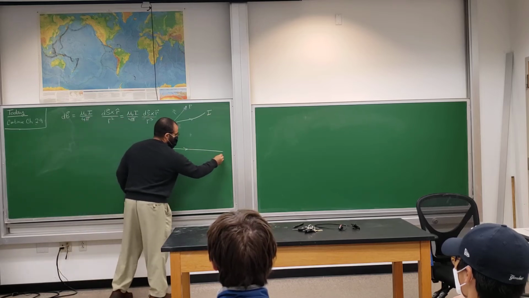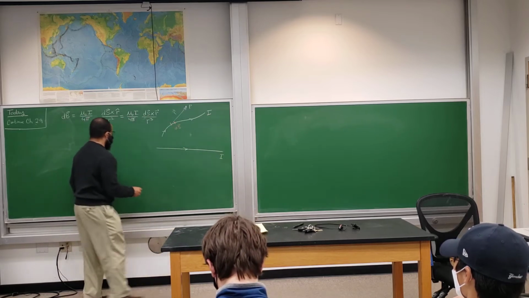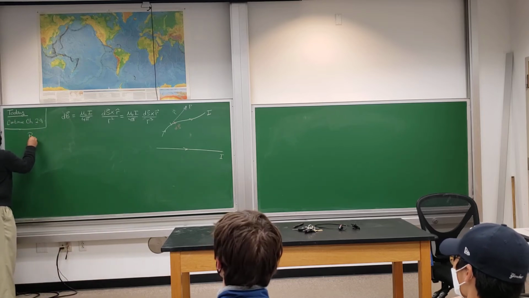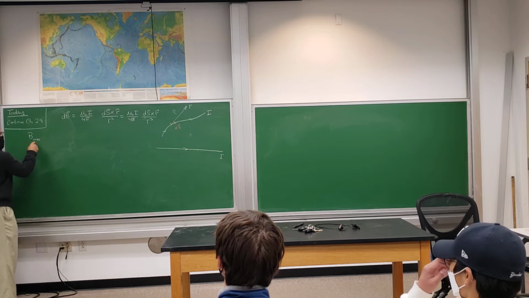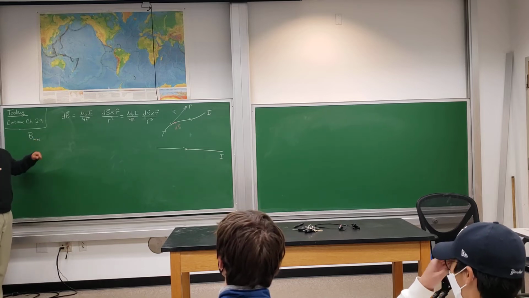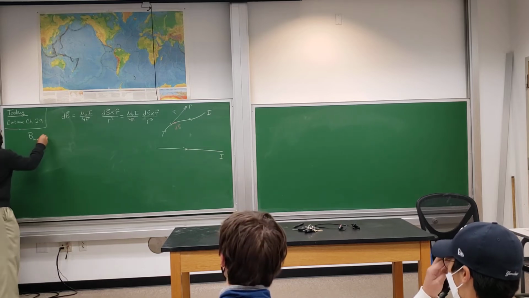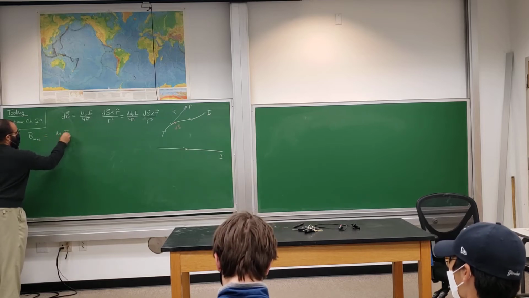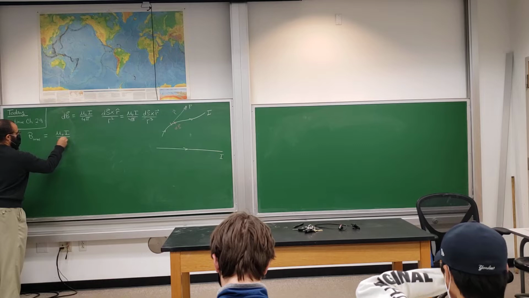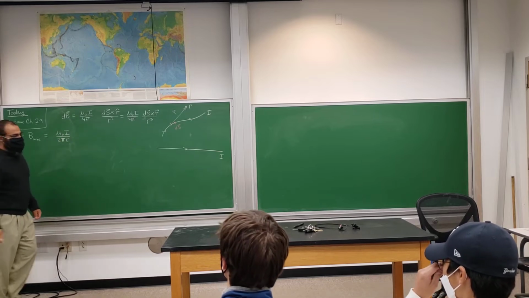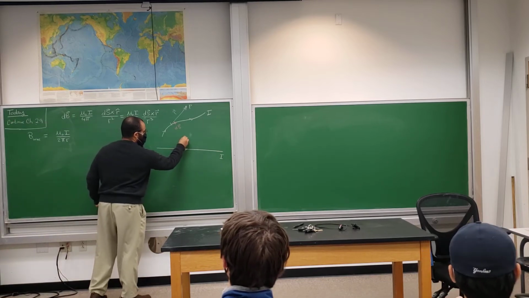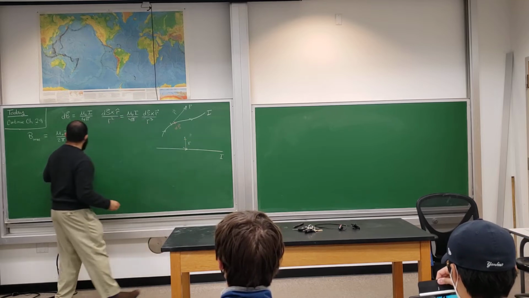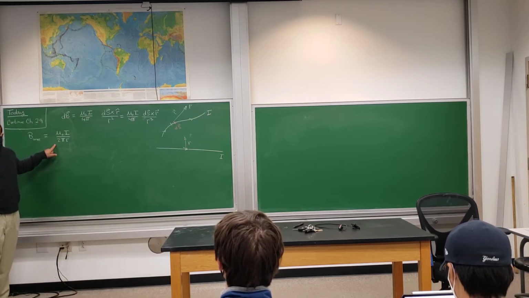We found that the magnetic field is B equals mu naught I over 2 pi r. If you're a distance r away from the wire, that is the magnetic field strength.